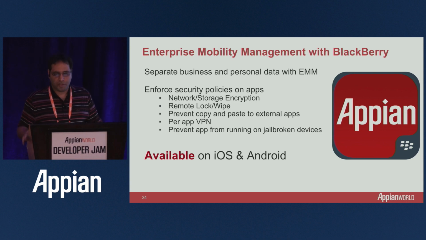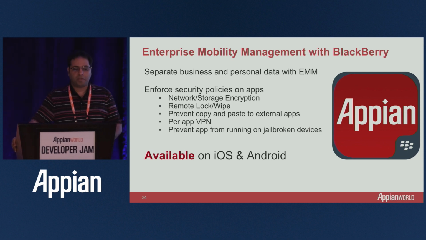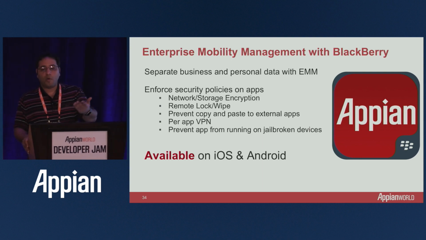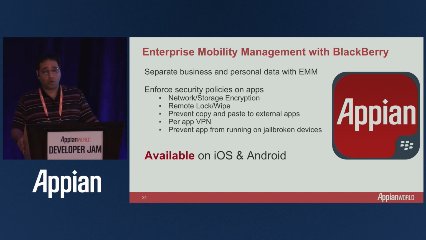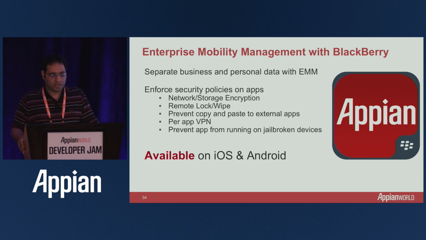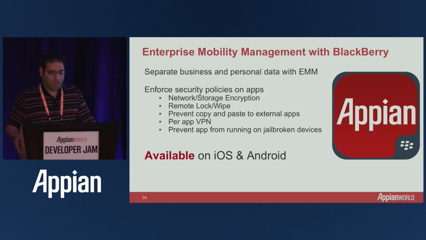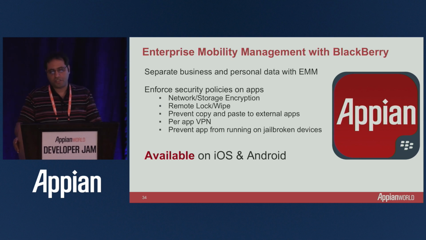You can do a lot of interesting things. I'm just giving you a few highlights here. You can prevent the application from working if the user has jailbroken their device. You can do a remote lock of the application, or you can do a remote wipe of everything in that application. You can do additional encryption on storage and communication channels.